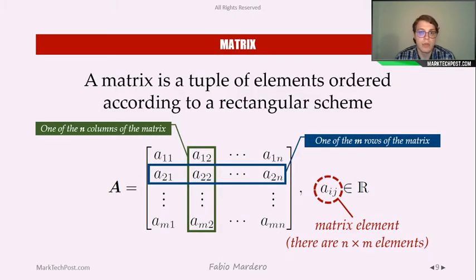But let's first recap a little bit what we have defined about matrices. A matrix is a tuple of elements ordered according to a rectangular schema. So a matrix is characterized by columns and rows, and for example, in this slide we can see a matrix with m times n elements.